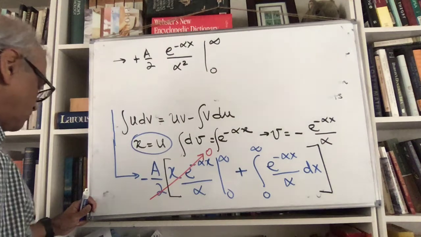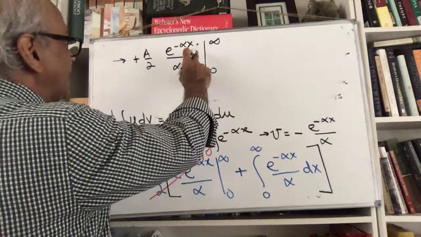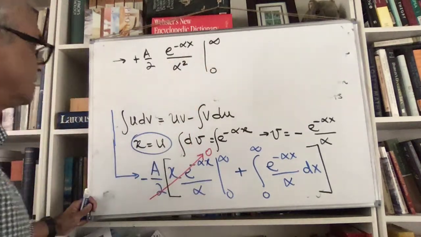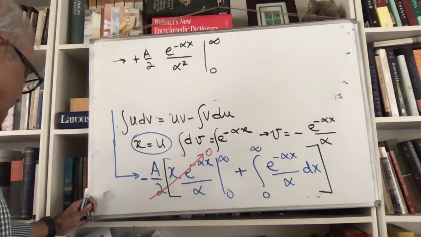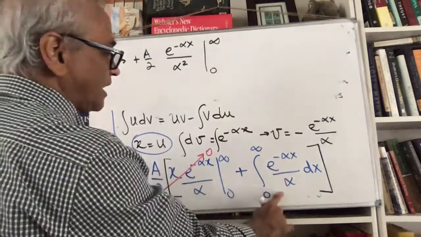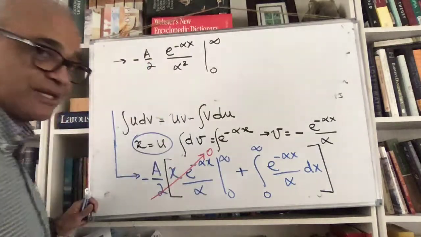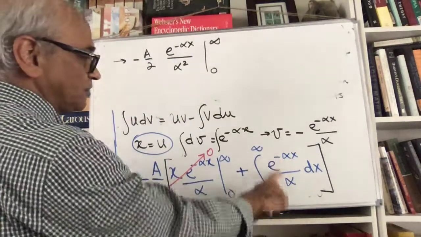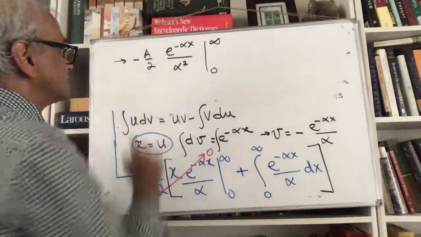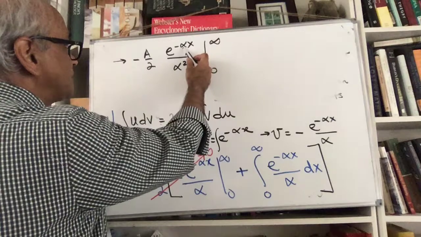Okay, so we just have to do this guy. I just have to make sure that I have a negative over here. I need that negative right there, because this is minus alpha, so minus alpha squared. Again, the first term is e to the power minus infinity, that's 0.